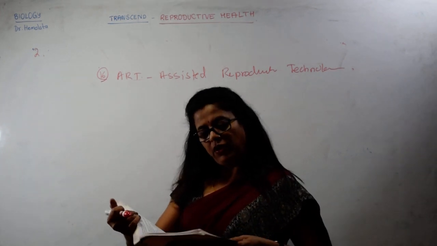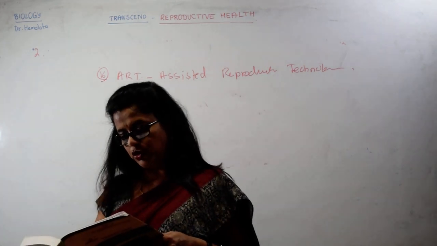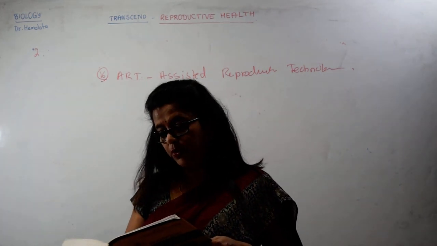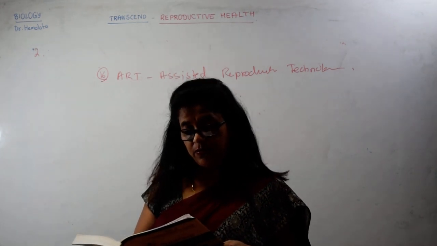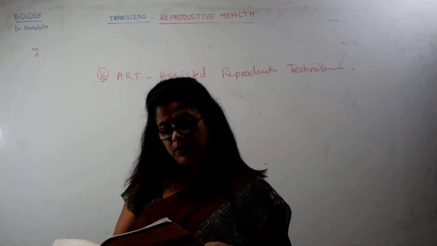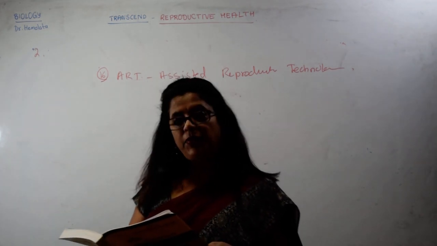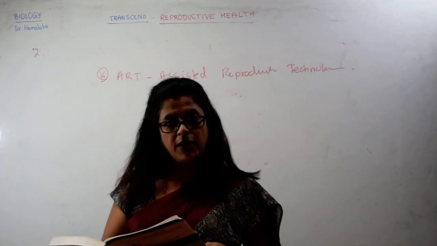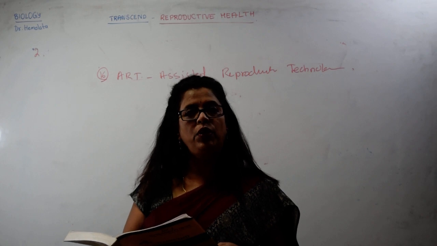Assisted reproductive technologies, first option given is includes social awareness programs to educate people about reproductive health and diseases. So I really don't understand how this can be answered, because this is not their work. Assisted reproductive technology includes only helping the childless couple to produce children.